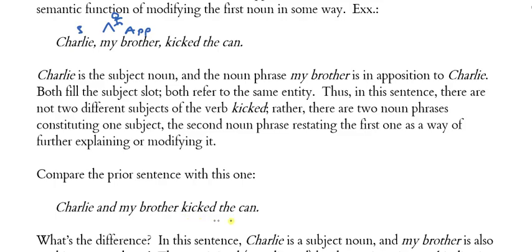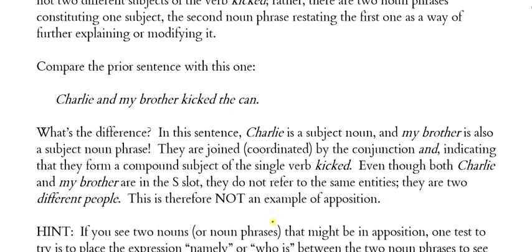Now compare the prior sentence with this one. Charlie and my brother kicked the can. Now what's the difference here? In this sentence, Charlie is still the subject noun, right? And my brother is also a subject noun phrase. They're joined, though. They're conjoined or coordinated by the conjunction and, indicating that they form a compound subject of the single verb kicked. Okay?